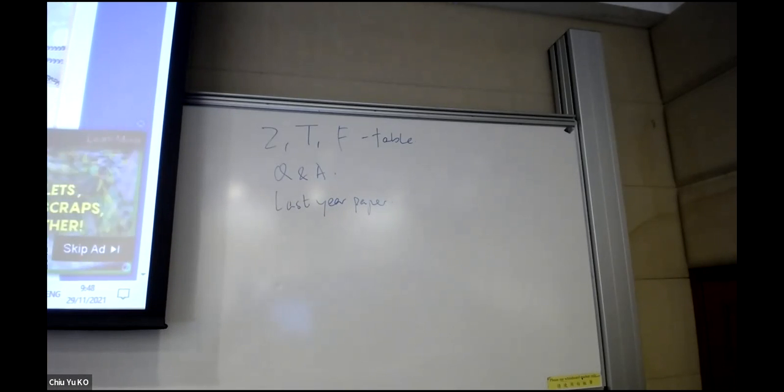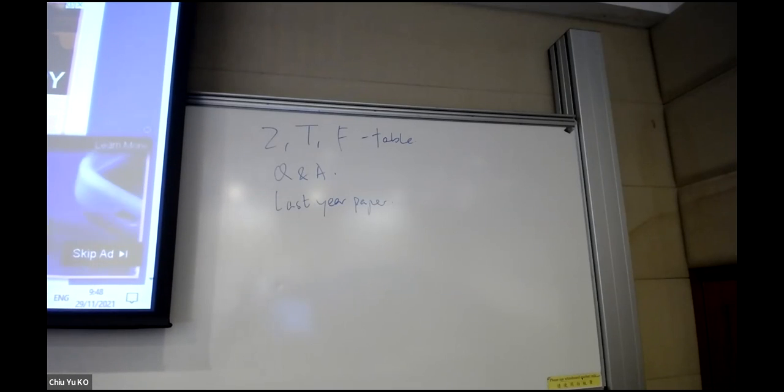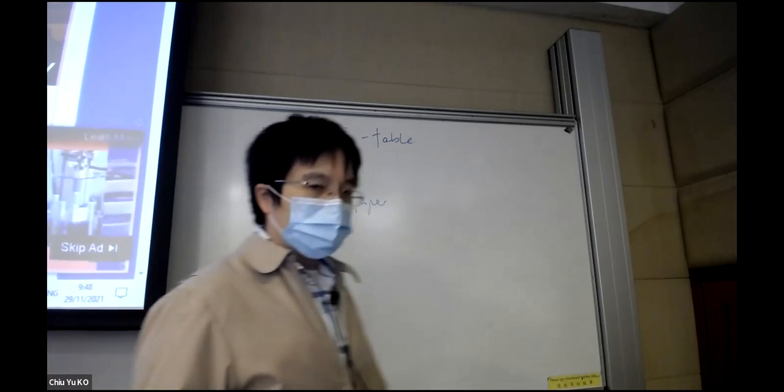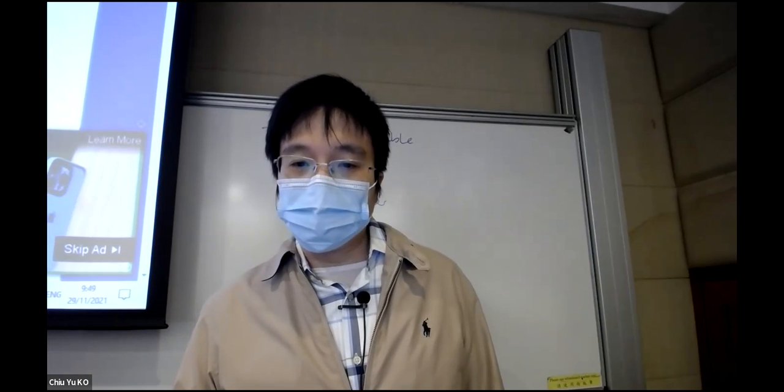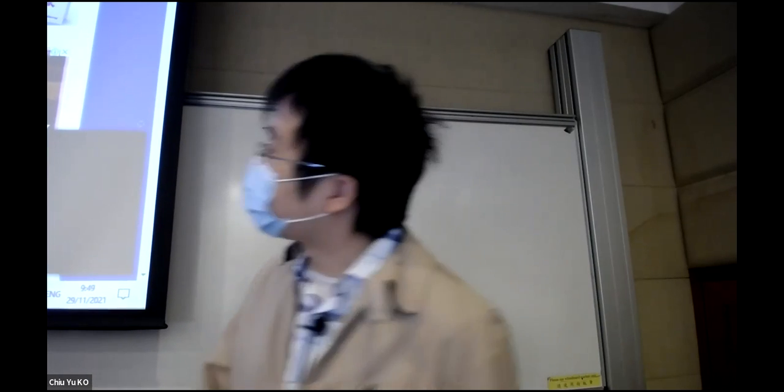So you have three dimensions. That's why it is not that easy to have one table. Here you can see already it's rather complicated.